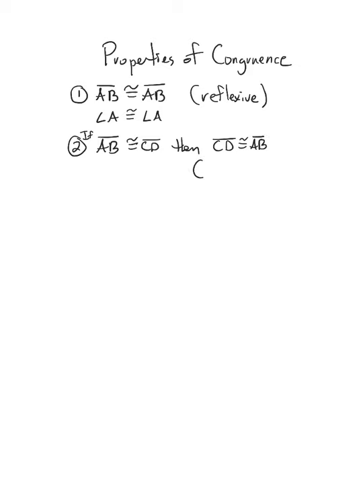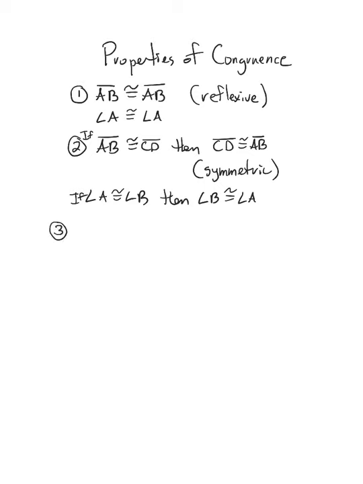This is called the symmetric property. And the same thing with angles. If angle A is congruent to angle B, then angle B is congruent to angle A. So congruences go in either order.